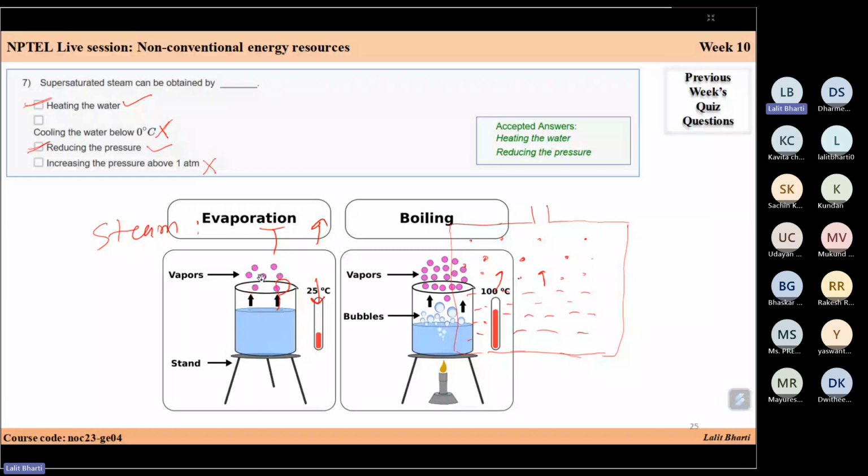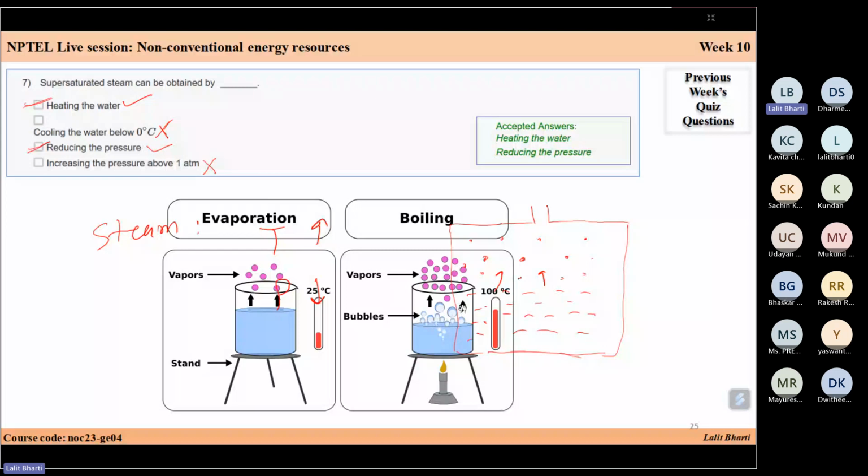At that temperature, you cannot evaporate your water more. So what will happen? Your water will start bubbling. Bubbling means your liquid temperature and your vapor temperature are comparable. So your water will show high disruption, which is the bubbling.